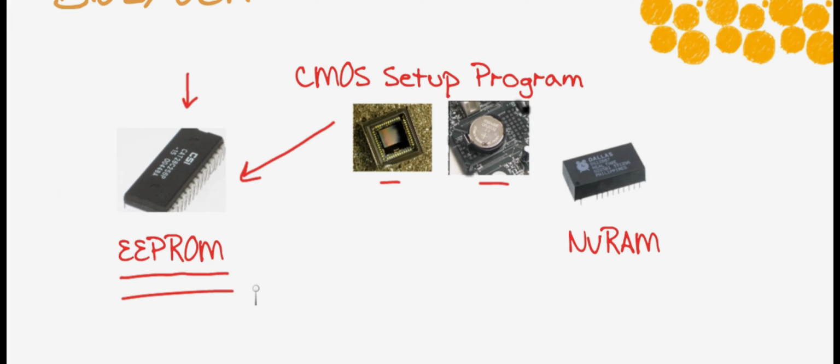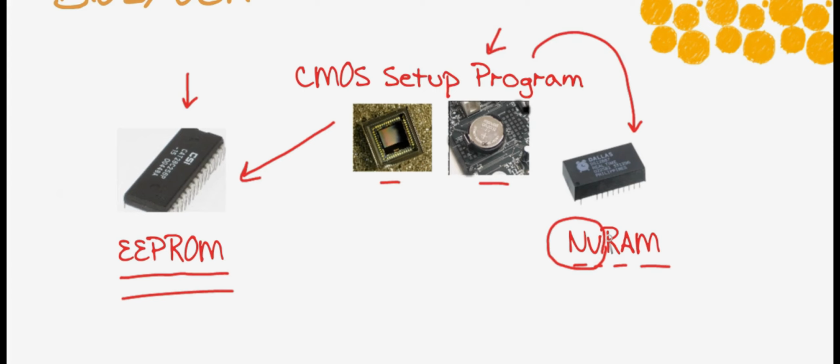and make sure they're working properly. Now, when we make changes in here, though, those changes need to be stored somewhere, and they're stored in another chip called the NVRAM chip. That stands for non-volatile RAM, and this is kind of interesting, this verbiage, because non-volatile means it won't change.